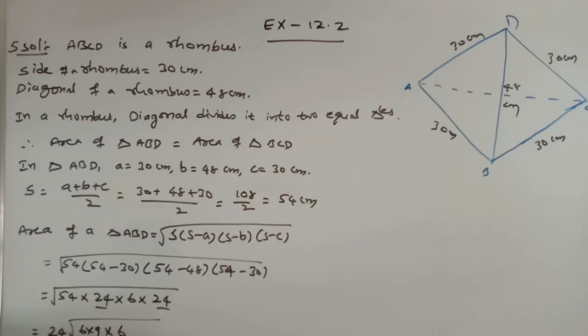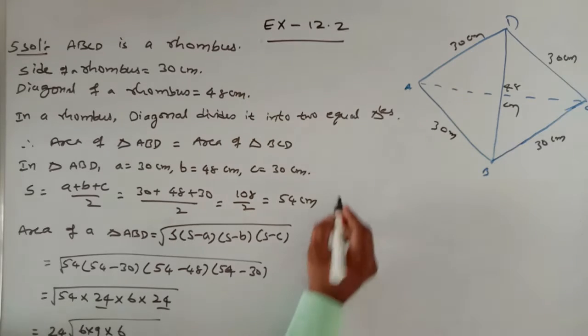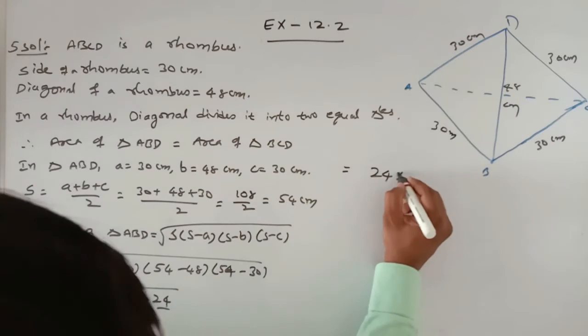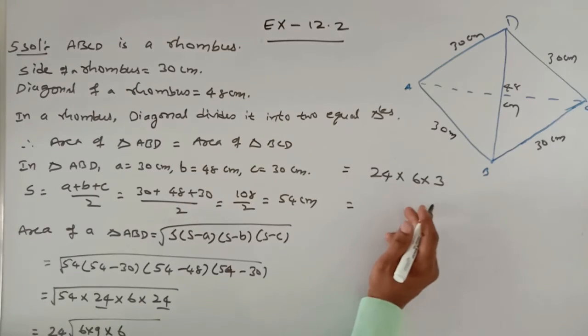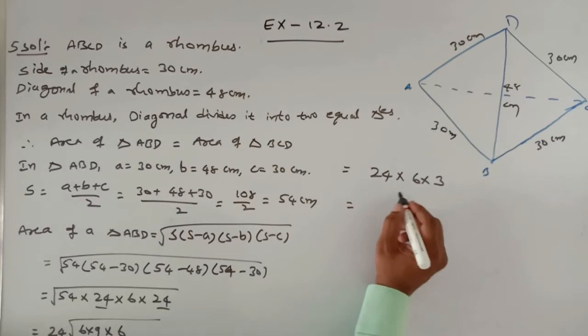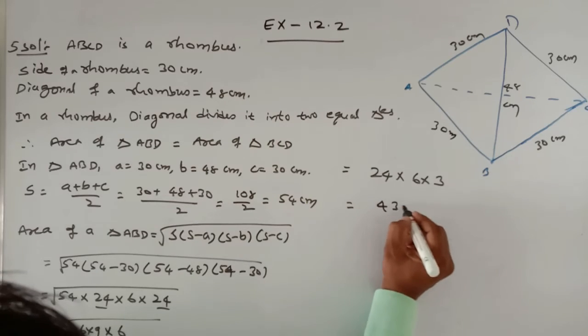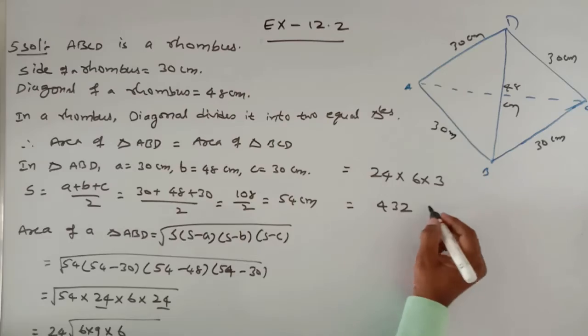Again two 6s and a 9. That is equal to 24 into 6 into the square root of 9, which is 3. 24 into 6 into 3 is equal to 432 square meters.